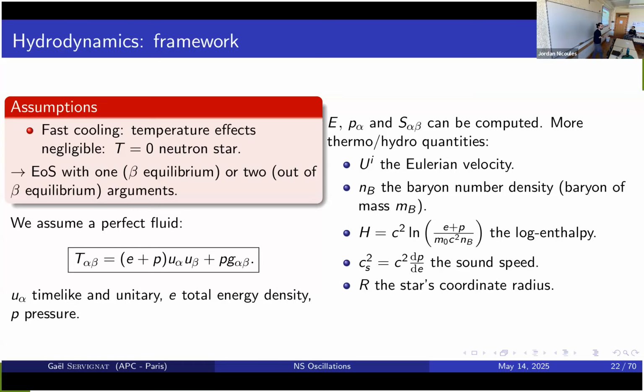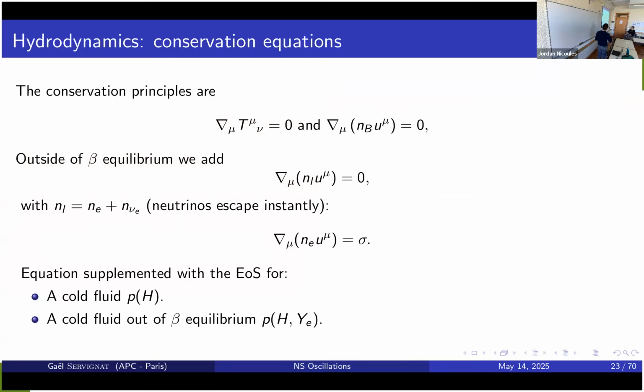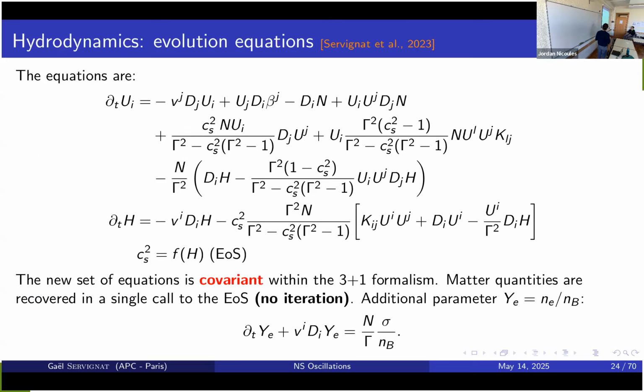In reality, neutron stars are not perfect fluids, but it's already a mess, so we start slow. A lot of quantities, blah, blah, blah. This is not really important. You start from conservation principles, and you add an equation of state that closes the system. You do the calculation, boom, once again, big equations. And what's important is those terms.